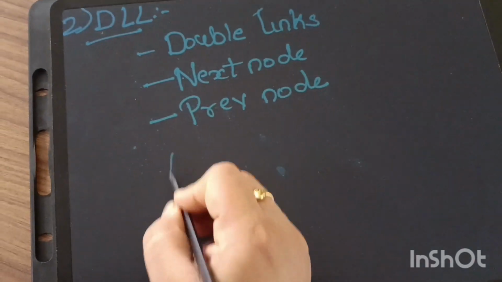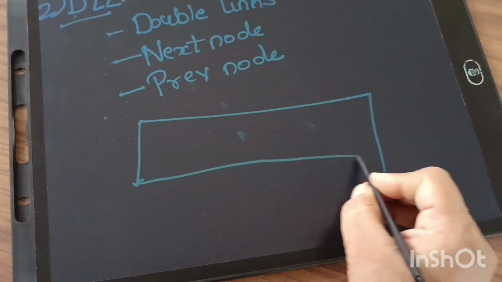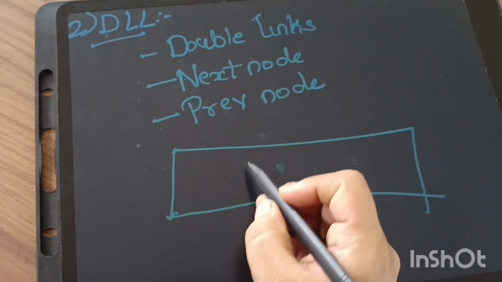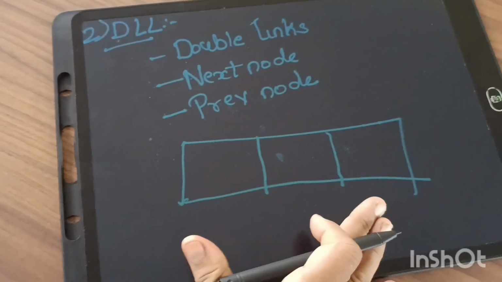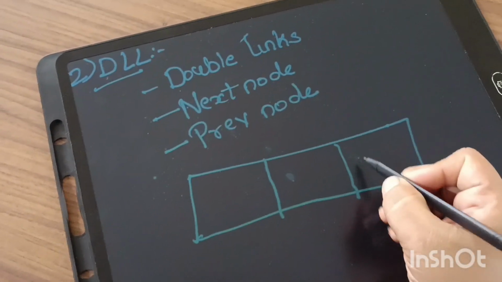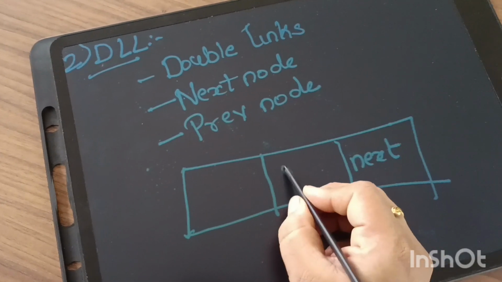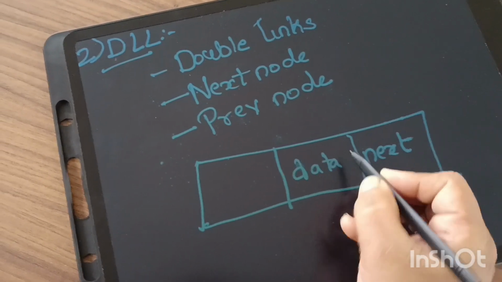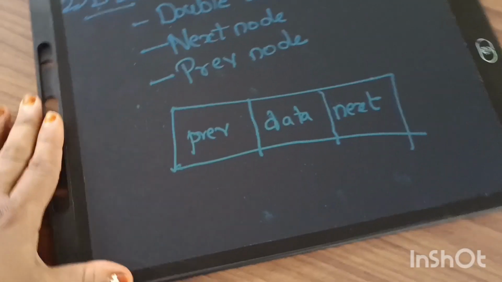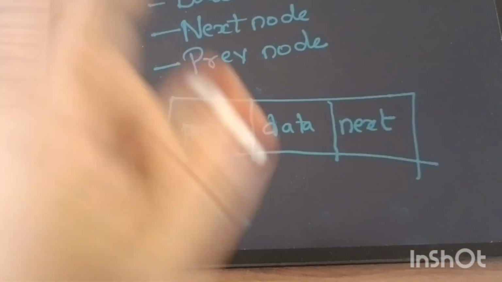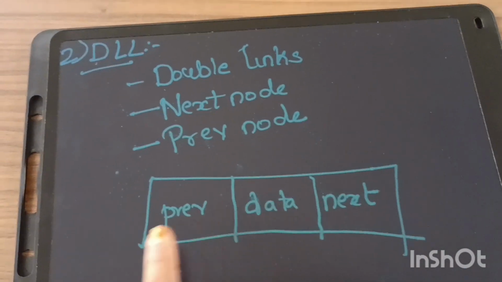The structure is simple. Instead of two parts in a node, here there are three parts. As you can see in the node, this part will give you the link for the next node, this is your actual data, and this part contains the address of the previous node. Using this doubly linked list you can move forward as well as backward.